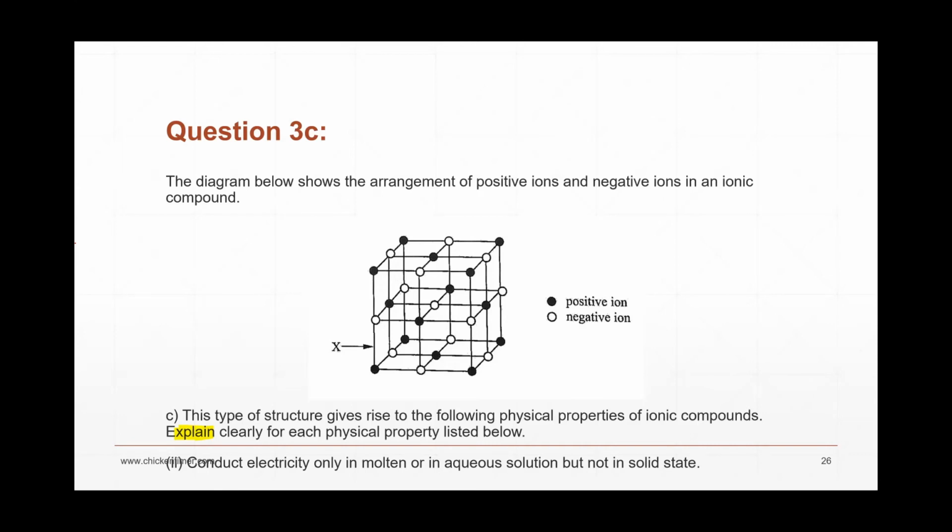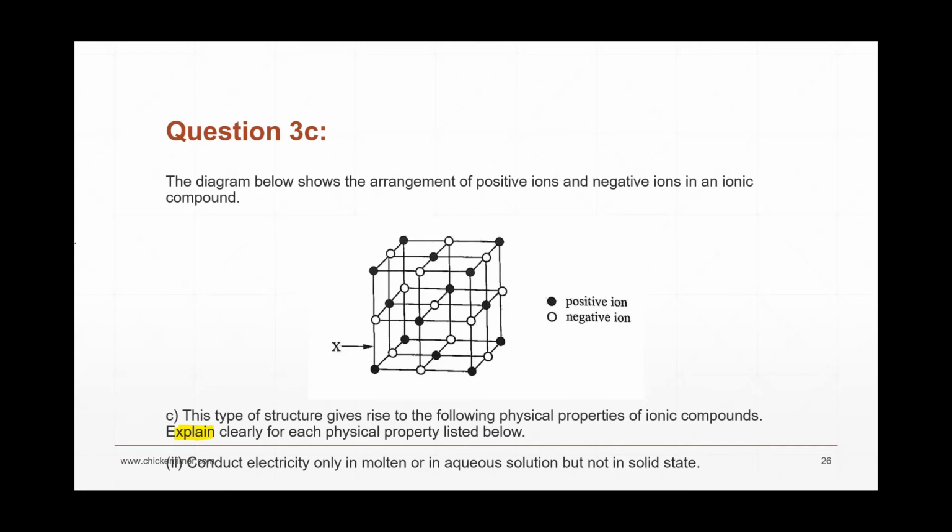So you have to say why it doesn't conduct electricity in solid state. Because the... Electrons? Did I hear electrons? The ions are not mobile in solid state. So they cannot conduct electricity.